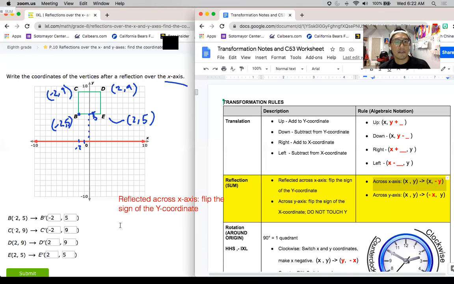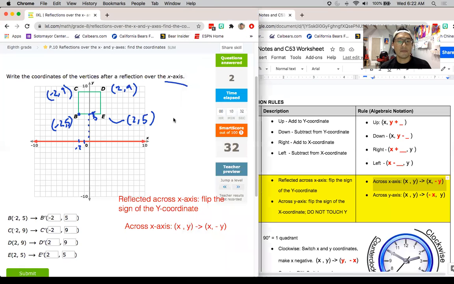X stays the same. You do not touch the x. All you're doing is putting a negative sign and flipping the sign of your y-coordinate.